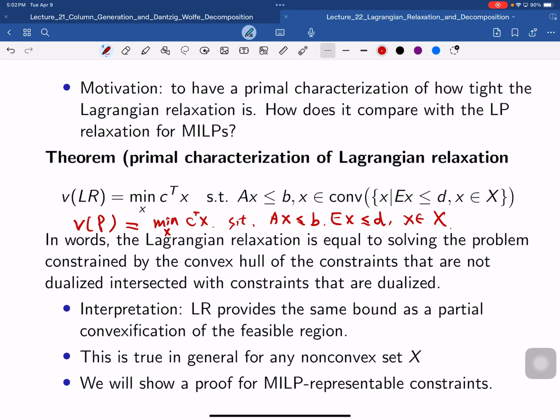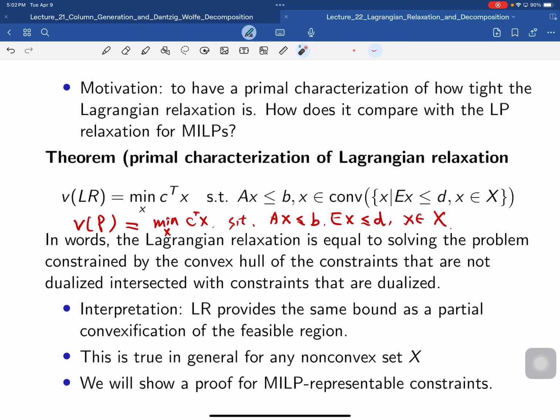And we've studied before that, when you are minimizing a linear function over a non-convex set, right? This feasible region is a non-convex set because it is a mixed integer linear programming problem. So we are minimizing a linear function over a non-convex set. It is equal to minimizing the linear function over the convex hull of this non-convex set.